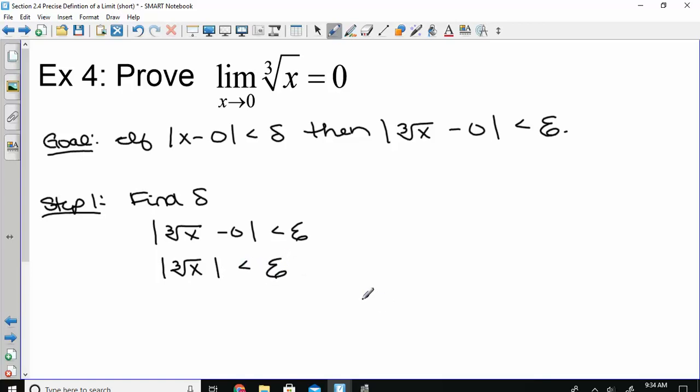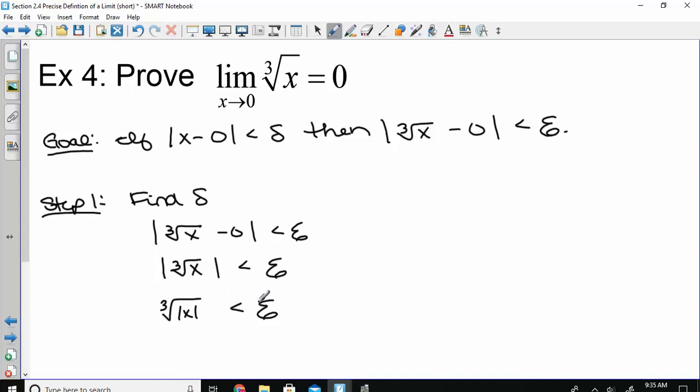So subtracting 0, we could just drop that. Absolute value just makes it positive. Does it matter if you make it positive before or after you do the cube root? No. So what I could do is bring my absolute value under my radical.